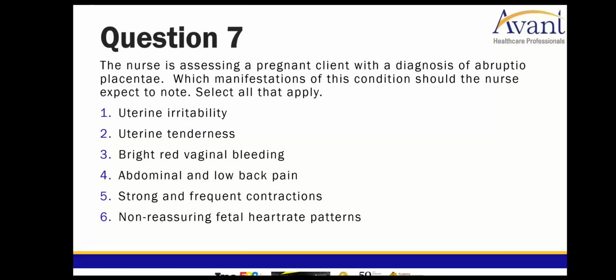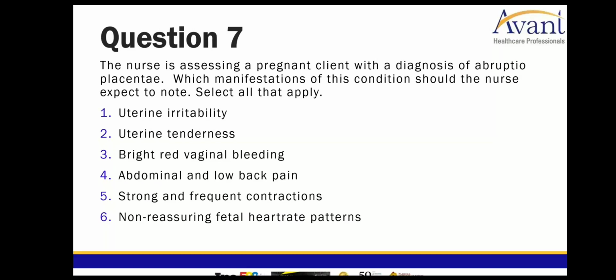The nurse is assessing a pregnant client with a diagnosis of abruptio placenta. Which manifestation of this condition should the nurse expect to note? Select all that apply.